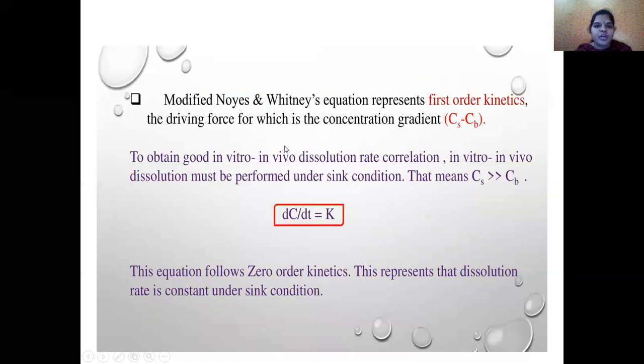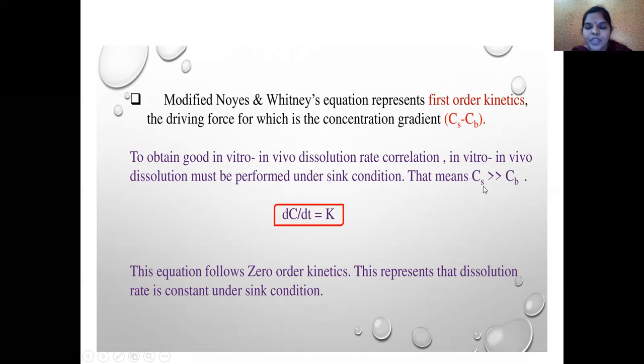And next, the modified Noyes-Whitney equation represents first order kinetics, right? The driving force for which is the concentration gradient, that is, the concentration at the stagnant layer and the concentration of drug at the bulk of the solution. This is the final equation. And to obtain good IVIVC, in vitro in vivo correlation, dissolution must be performed under sink conditions.